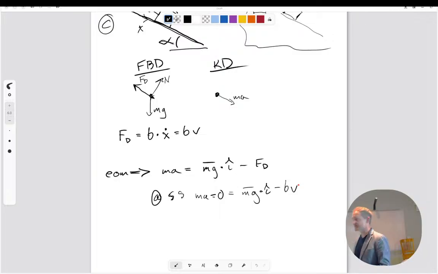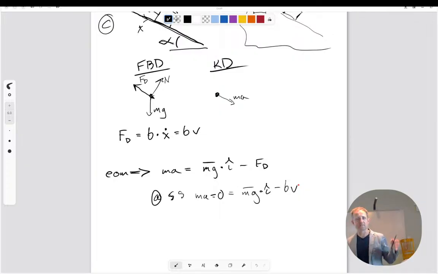I'm just writing it with a dot i to say it's either a sine or a cosine. It's got to be one of those components. So V will reach some number. So if you start off accelerating and then you reach a constant speed, do you ever stop moving? Not, at least not in your model.